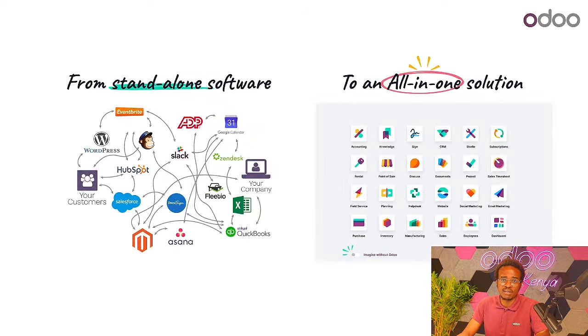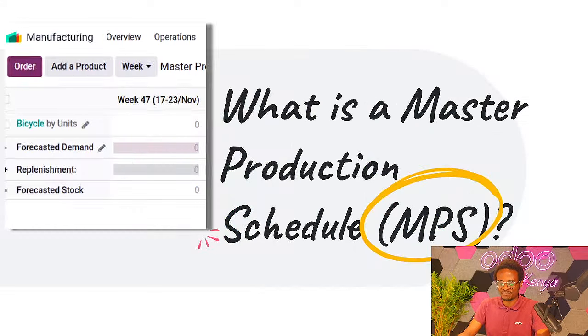Most companies will use fragmented software to accomplish different parts of their day-to-day operations, whereas Odoo is an all-in-one management software that ensures that your processes are seamless and fluid.